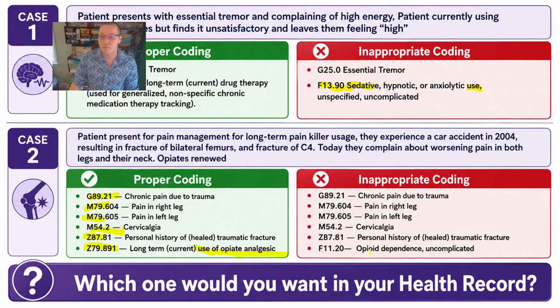But instead, what providers will commonly do is, this patient has been on opiates since 2004, and they have to continue to be on opiates. So they'll put opioid dependency. That's highly inappropriate, since opioid dependency is a substance disorder, meaning they're meeting the DSM-5 guidelines for opioid dependency.